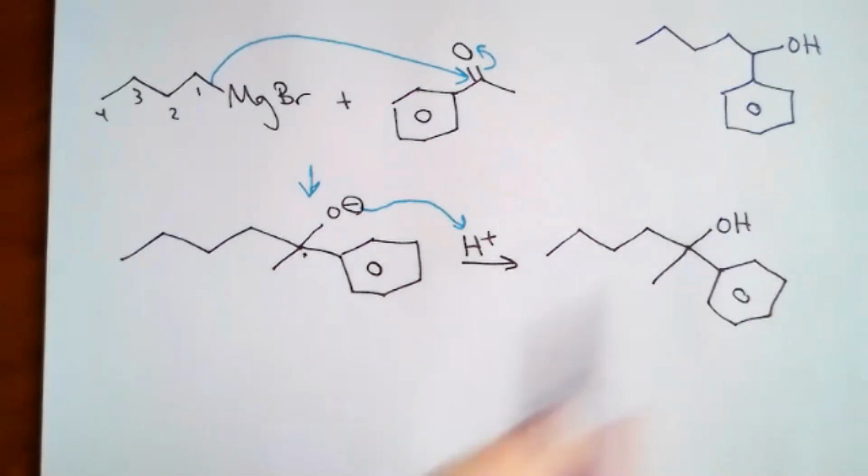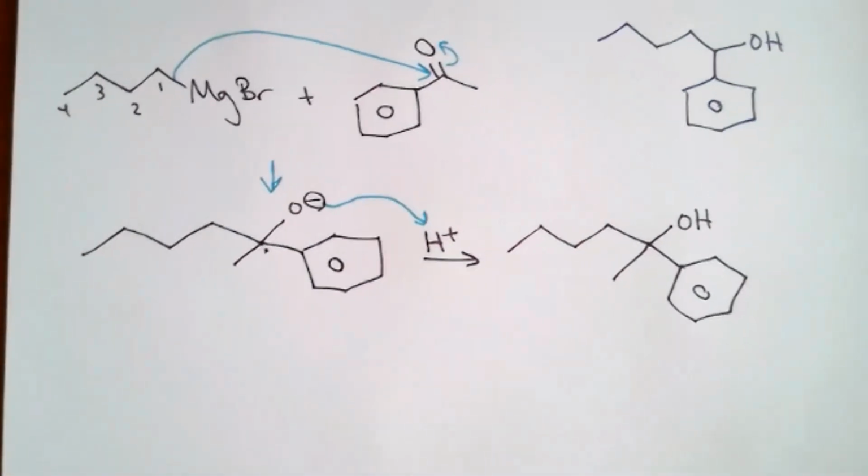Did you catch that? I said neutral alcohol product. All of these reactions will give you alcohols as product. When a Grignard, or in fact an organolithium, attacks an aldehyde or a ketone, you're going to get an alcohol.